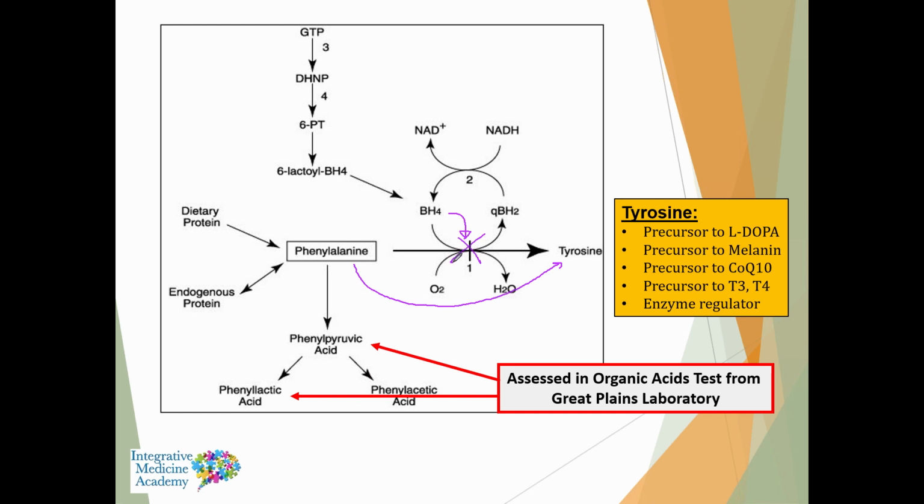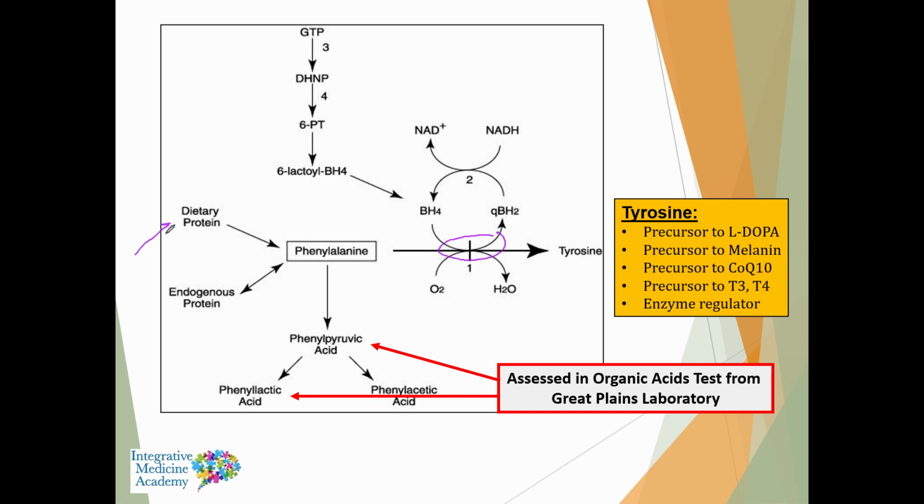If it's blocked, then we get a buildup of phenylalanine as well as different organic acids. So on the organic acid test from Great Plains, we've got phenylpyruvic and phenyllactic. Other companies may have phenylacetic acid as a reflection of this. But we could also have interference of this enzyme.